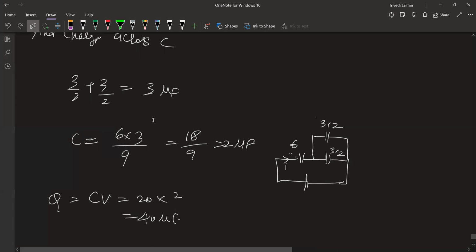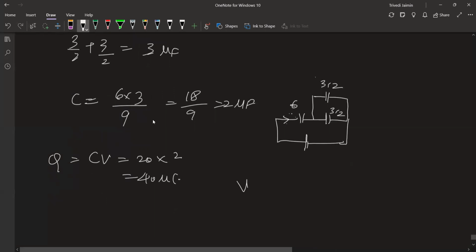Okay. Now, V1 equals Q by 6, 40 by 6. 40 by 6, how much? 6.66, right? Voltage. Okay.